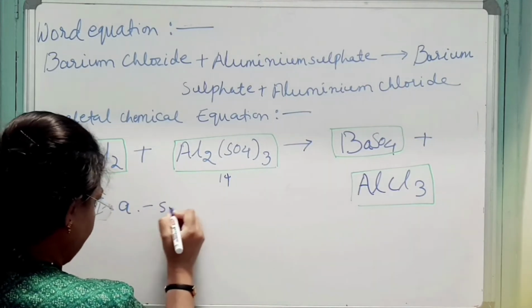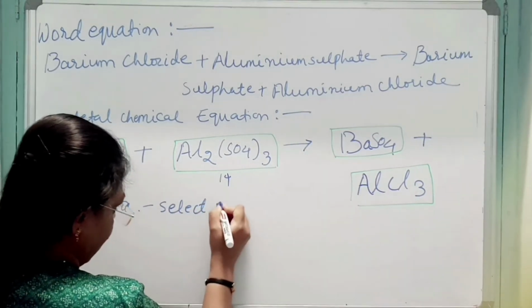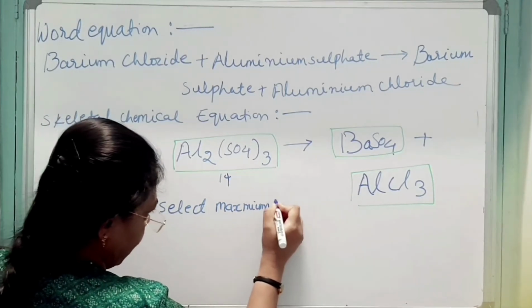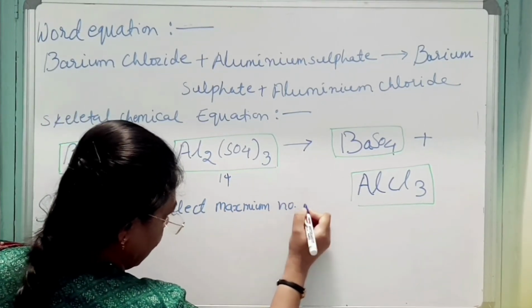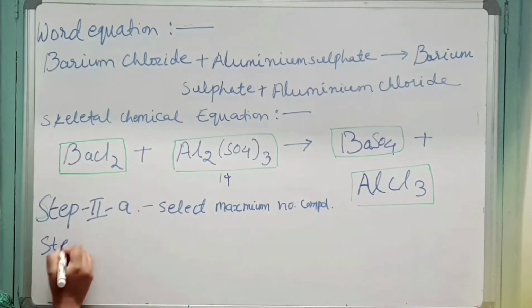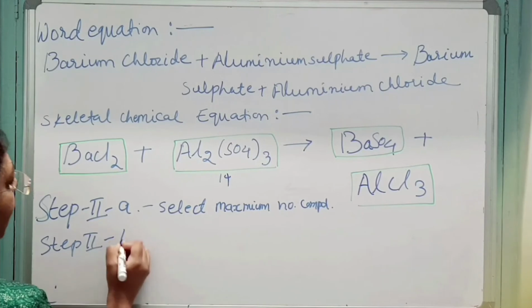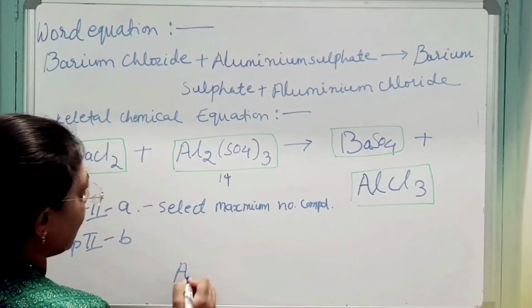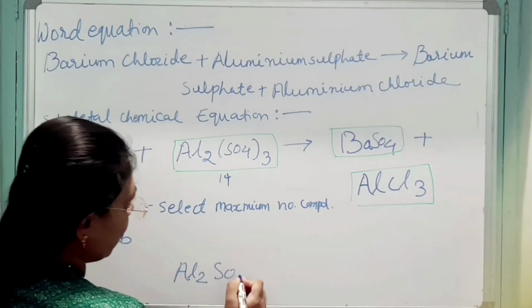So select the maximum number compound. Then step 2B. We have selected this Al2(SO4)3.